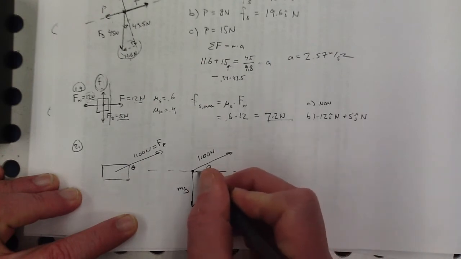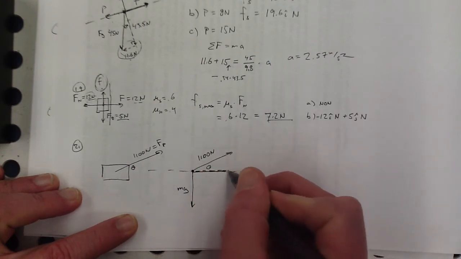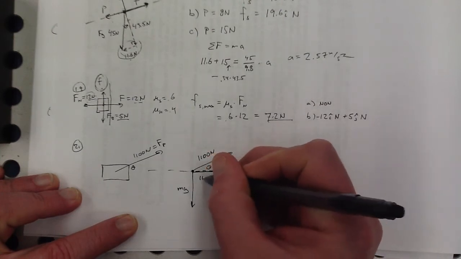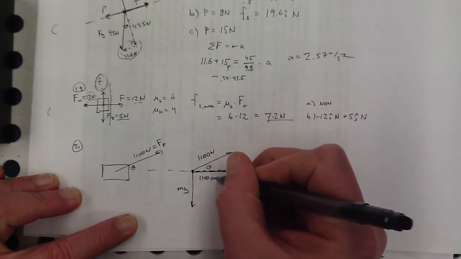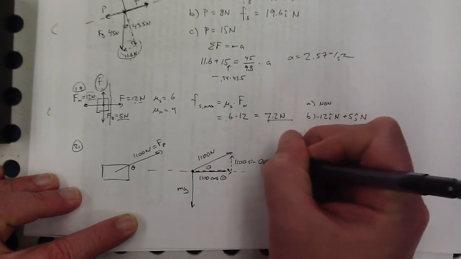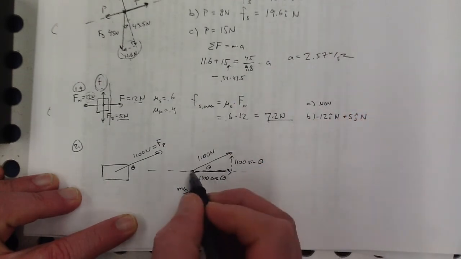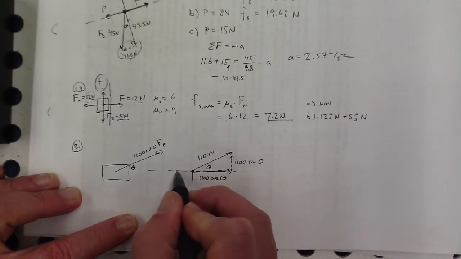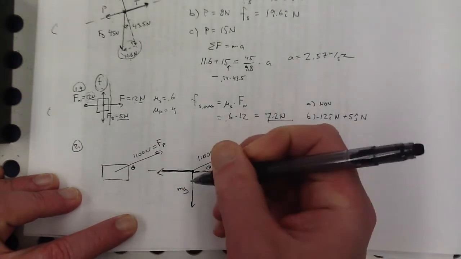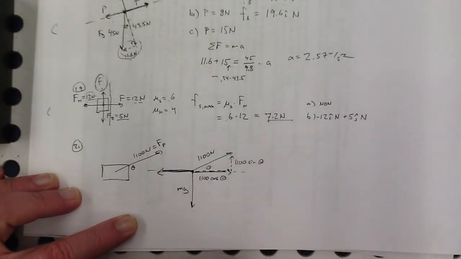Oops, dang it. It's supposed to be a dotted line. This is going to be 1100 cosine theta. This is 1100 sine theta. And this, that does not need to be dotted, is the static frictional force. We just need to break that.